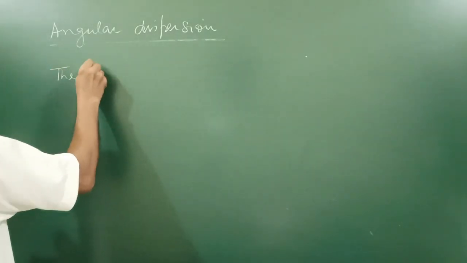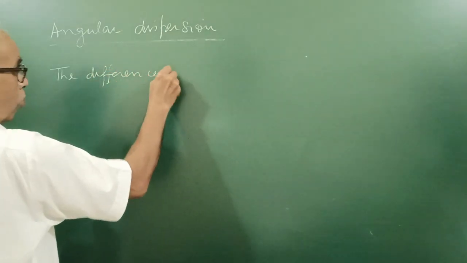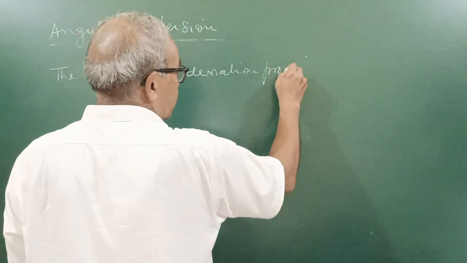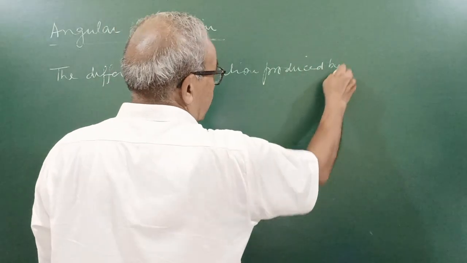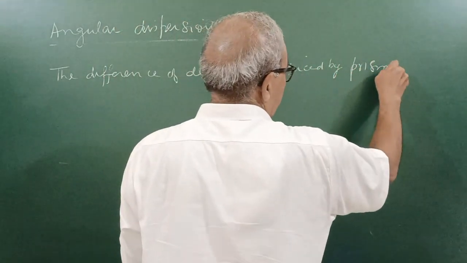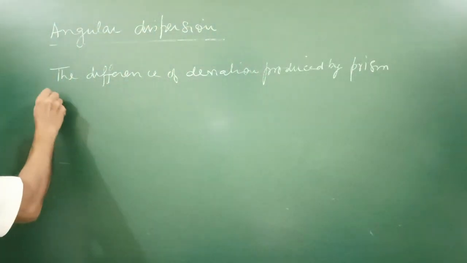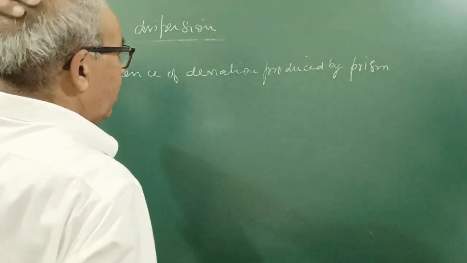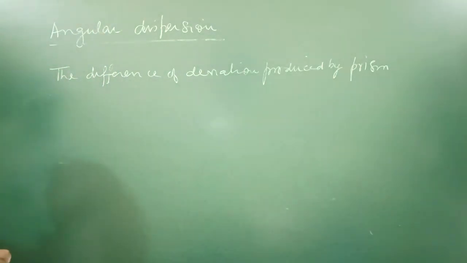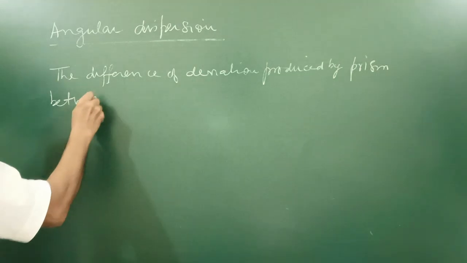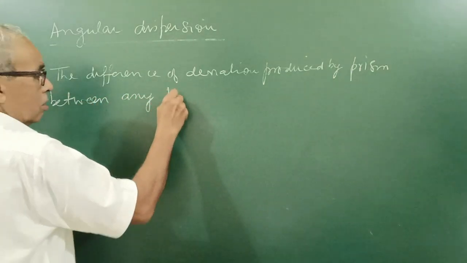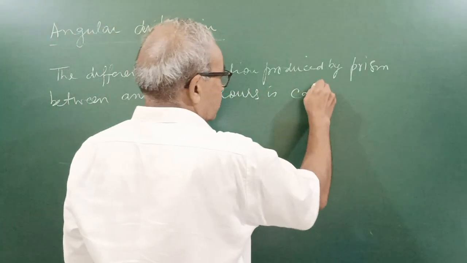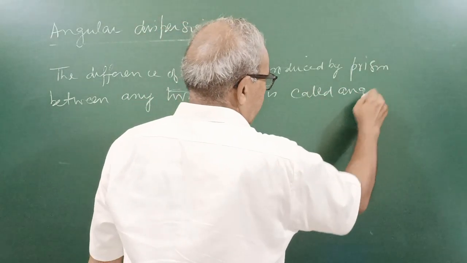The difference of deviation produced by a prism between any two colors is called angular dispersion.